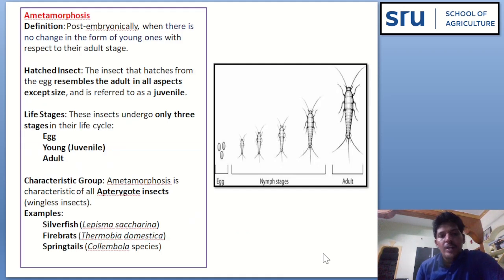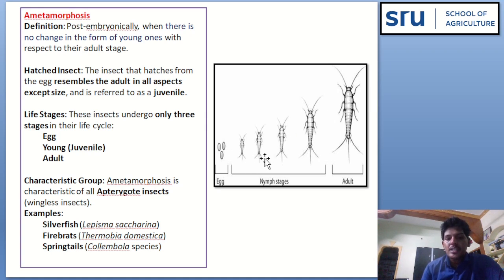So there are different types of metamorphosis. First type is ametamorphosis. A means there is no change post-embryonically; when there is no change in the form of young ones with respect to their adult stage, it is known as ametamorphosis.